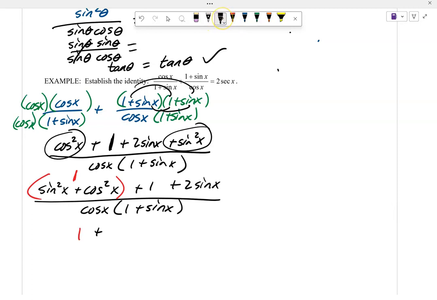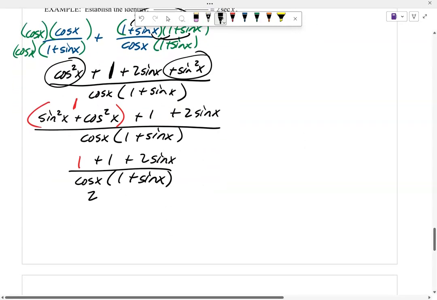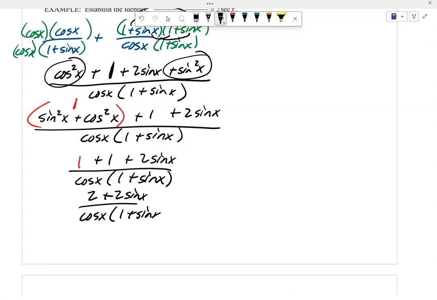So we got 1 plus 1 plus 2 sine x over cosine times 1 plus sine. And so we got 2 plus 2 sine x. This is all over cosine times 1 plus sine x. I can take a 2 out of both of those on the top, so I'd have 1 plus sine.